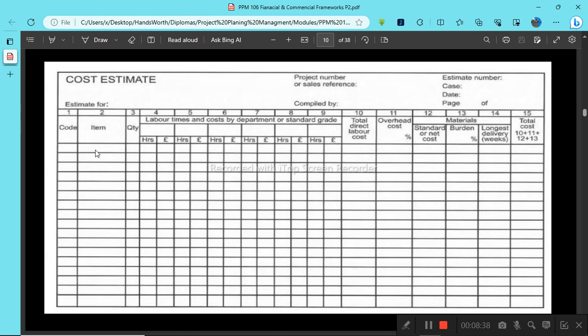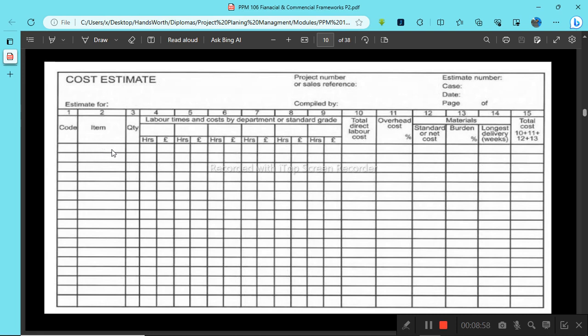So let's say the project is commission based, and it has to do with dealing with customers. So I will say the item here simply has to do with customer service.